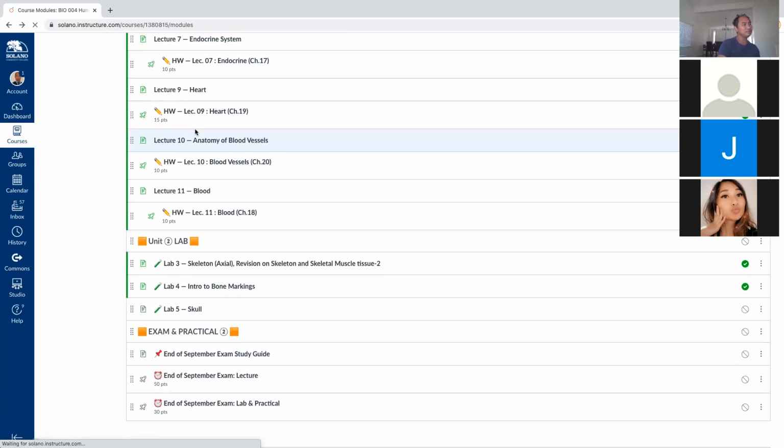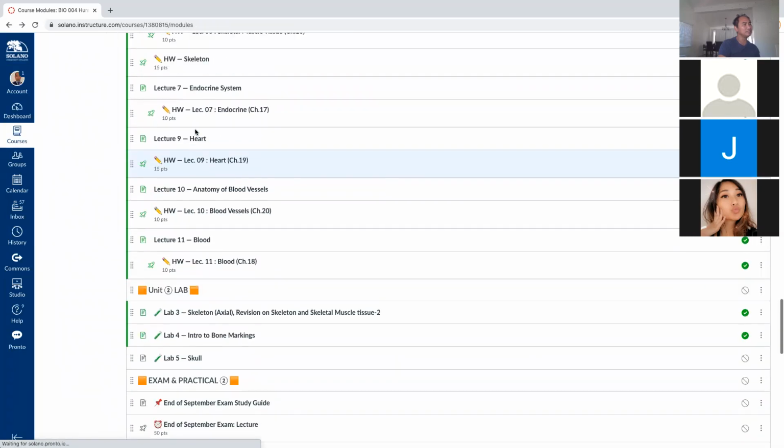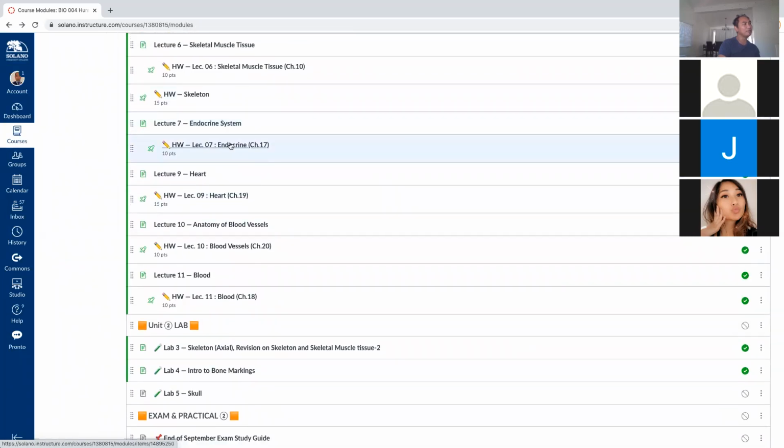Skeleton, and then where is it? Endocrine system.